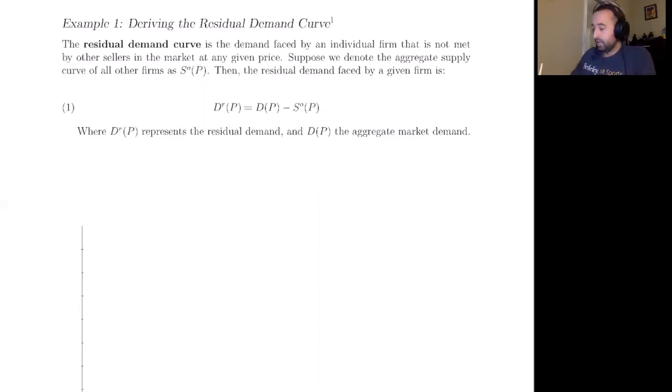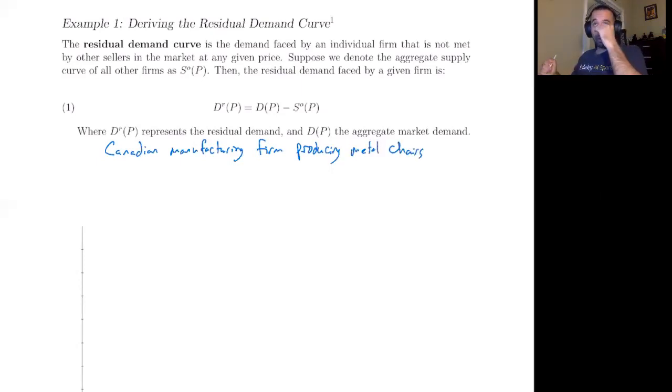So suppose we have a Canadian manufacturing firm producing metal chairs. Okay, let's denote firm J as the firm for which we want to derive this individual demand.